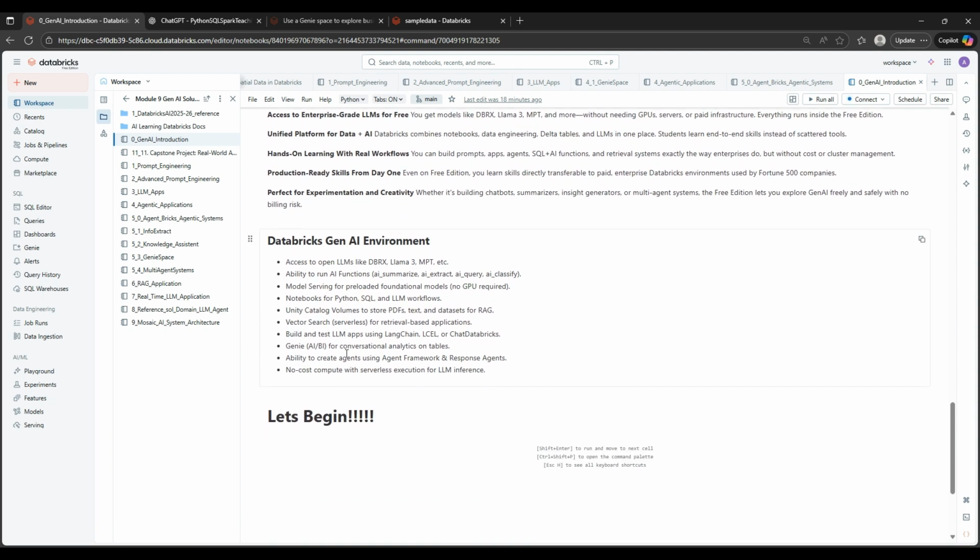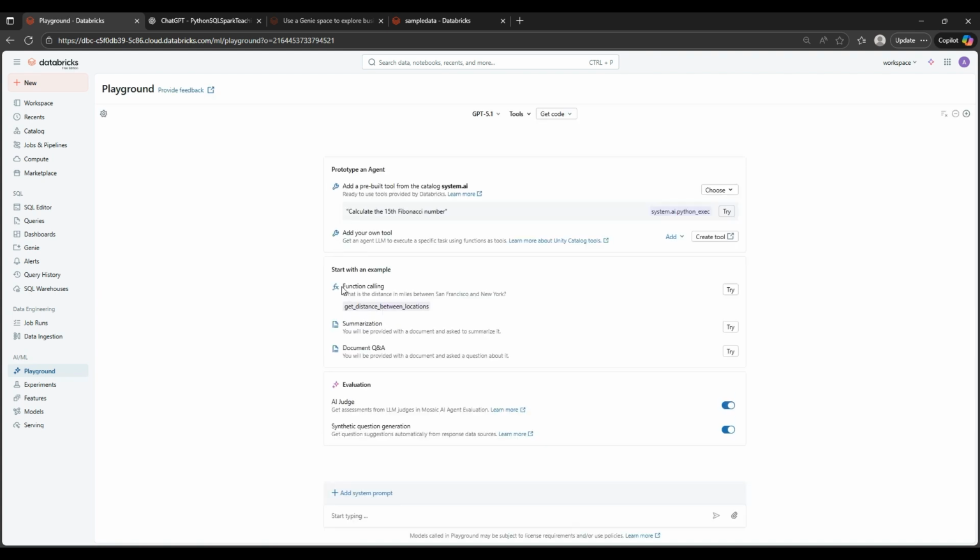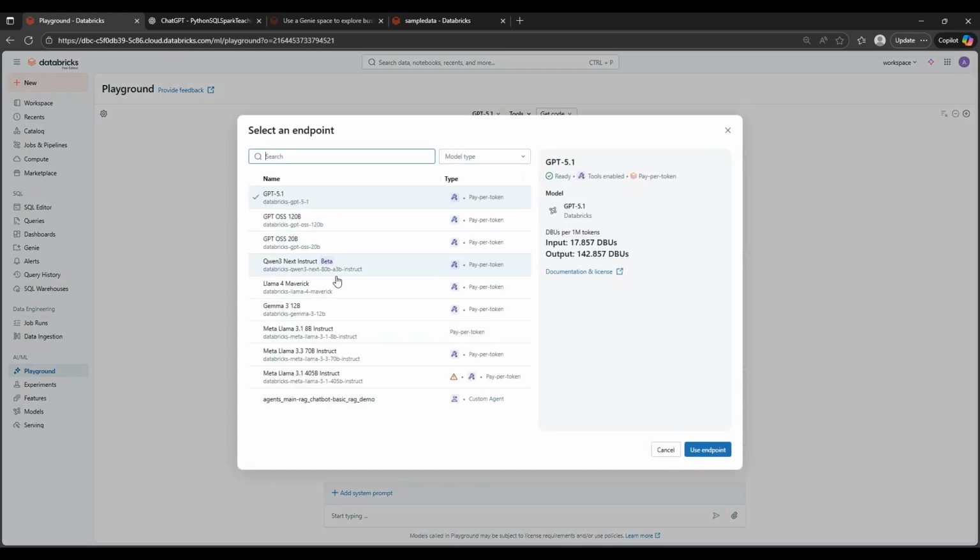We'll go through how to navigate and work on the Databricks platform in the upcoming videos. If you want me to quickly demo the Databricks GenAI environment, you have something called Playground. Playground will get a dedicated video, but just to showcase, even the Free Edition has a Playground, and there are a lot of amazing models available, starting from GPT, Meta Llama Maverick is available.